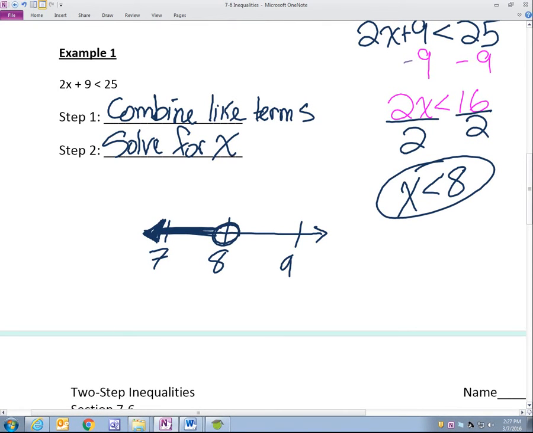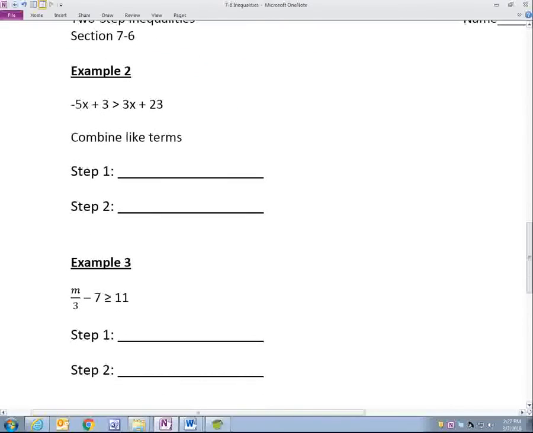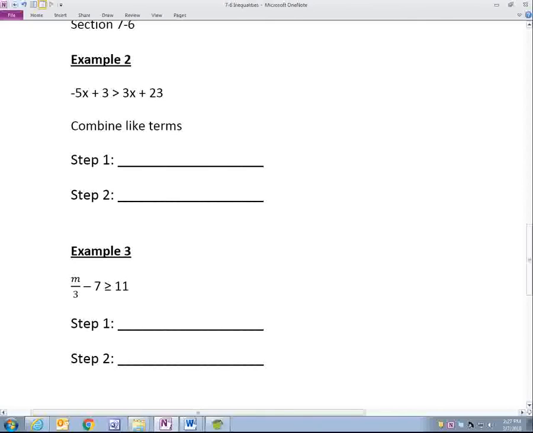Okay, next example. We are going to combine like terms first, then solve for x, and then we could test it, but I'm going to graph it here.